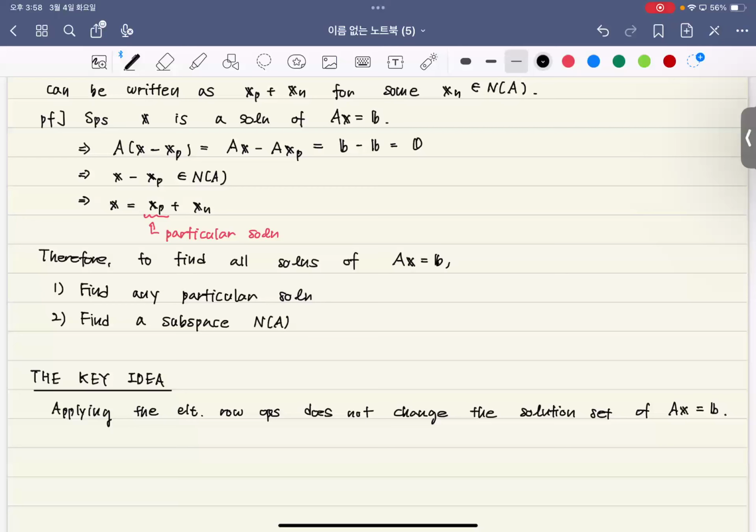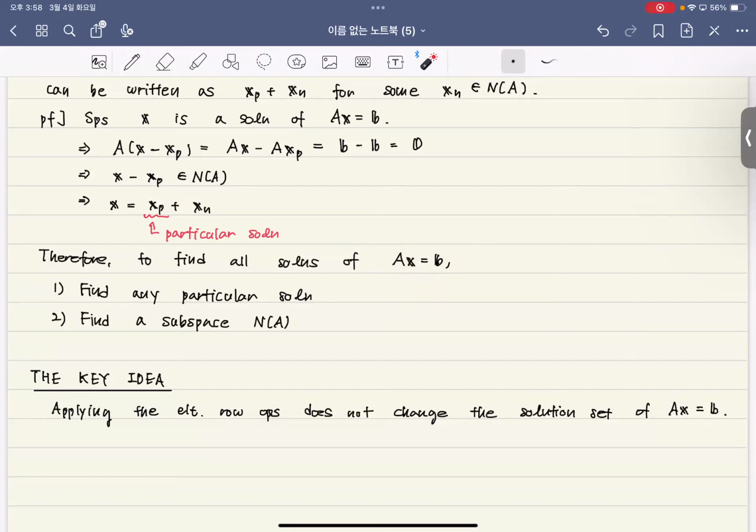Whenever a system of linear equations Ax equals b is given, by applying the elementary row operations, we try to change this matrix A into a more reasonable and computationally friendly form. If you can do that, then maybe we can find a solution.